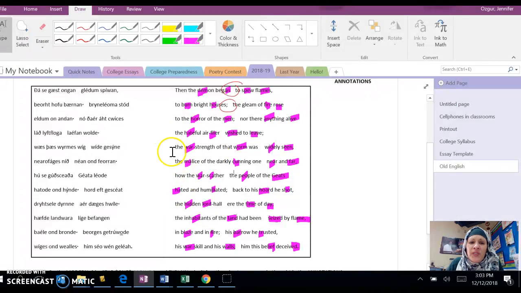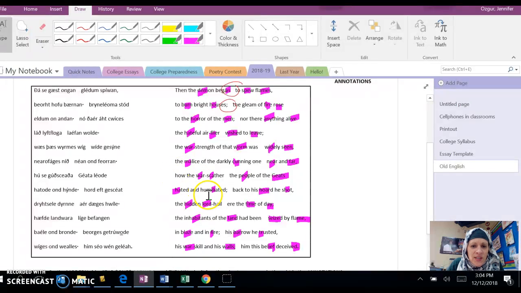But here you can see, to the horror of the men, nor was there anything alive, the hateful air flyer wished to leave. The war strength of that worm was widely seen. The malice of the darkly cunning one near and far. Look how clunky that is. The malice of the darkly cunning one near and far.